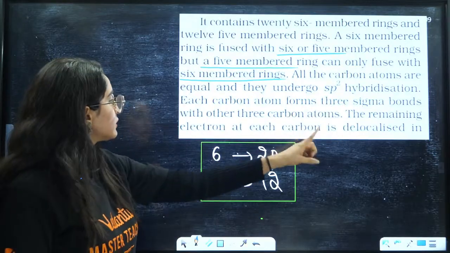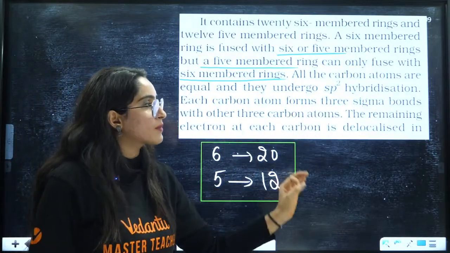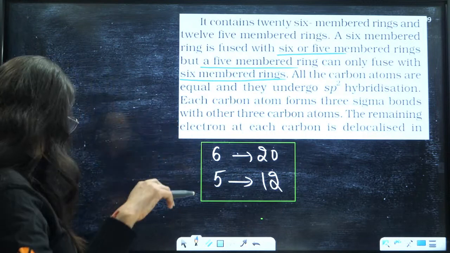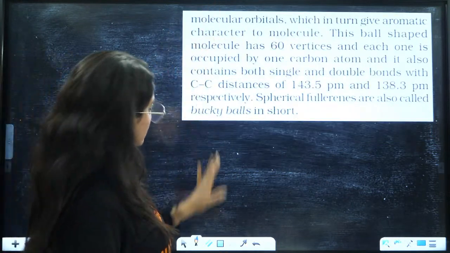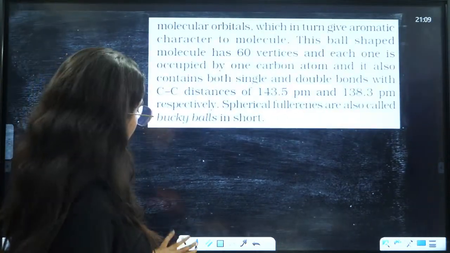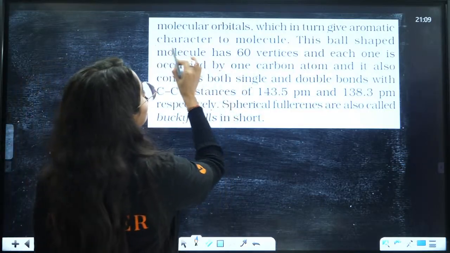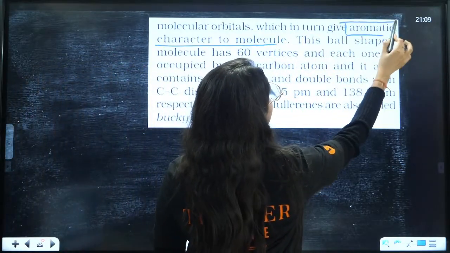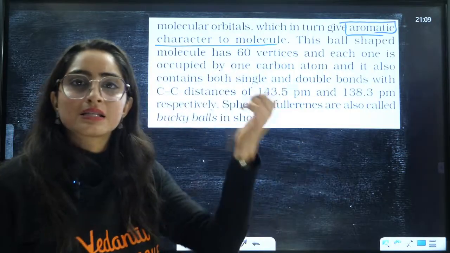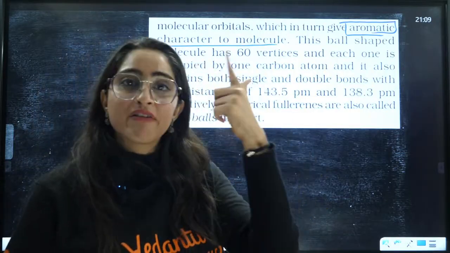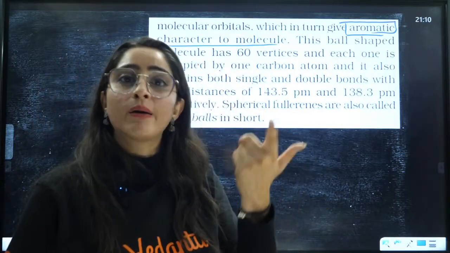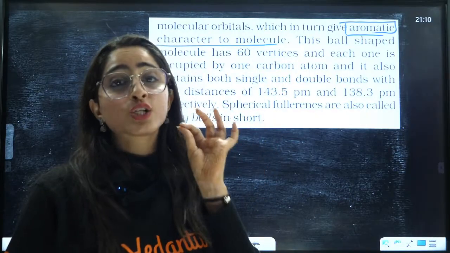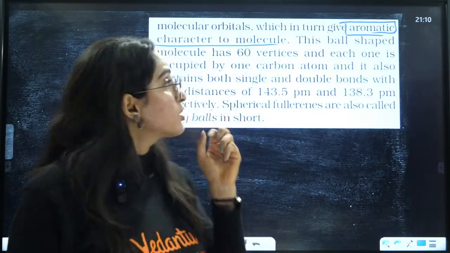That is the reason. The remaining electron at each carbon is delocalized, just like in graphite, forming molecular orbitals, which in turn give aromatic character to the molecule. Because of these cyclic rings having delocalization, with complete conjugation, it is an aromatic structure, right?